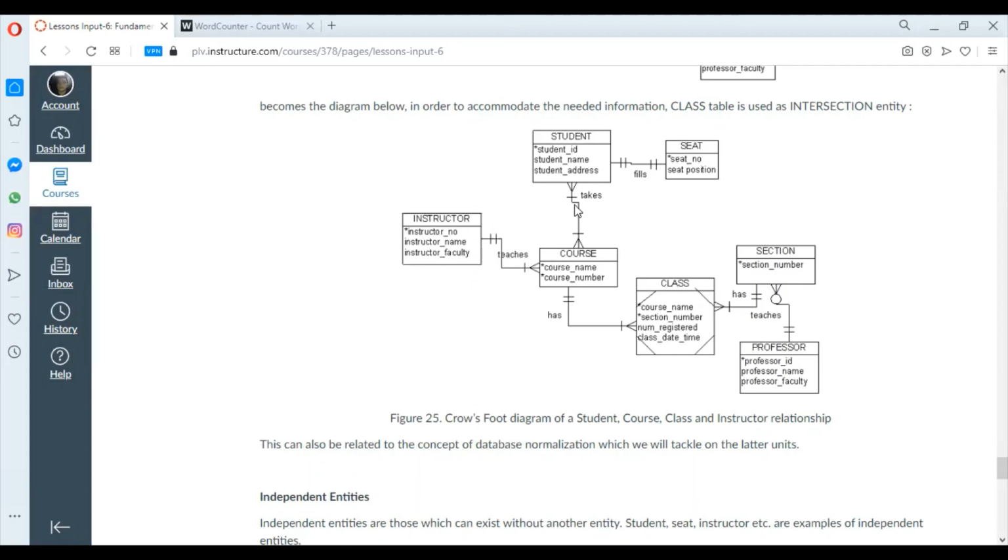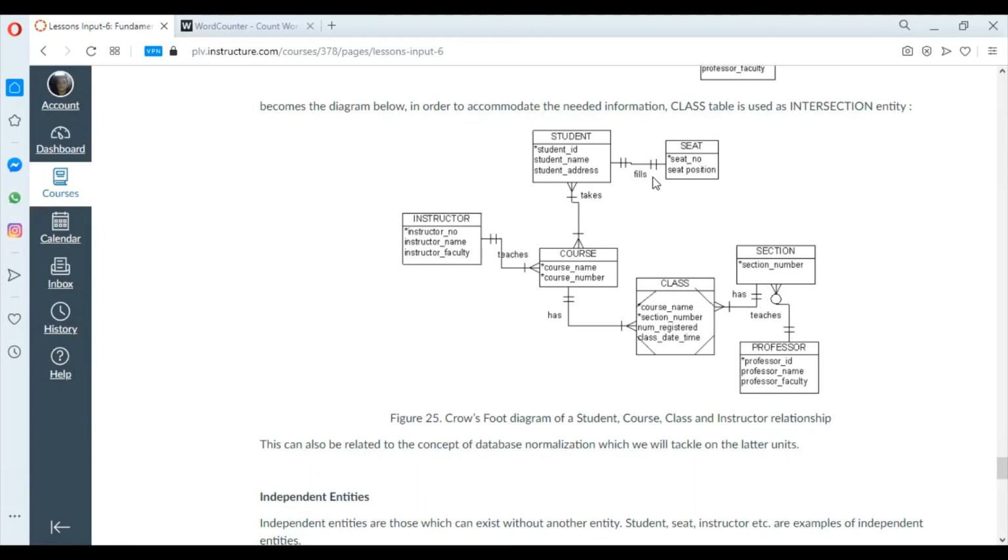You could write that in a business rule as many student takes many course. Or if you are to follow the actual crow's foot or Chen notation, one or many student takes one or many course.